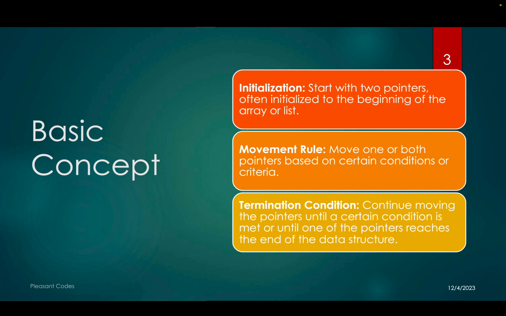We have to know the exact conditions at which point we have to exit, like until either one of these pointers is exhausted, or they reach each other, or we find the solution. There are certain conditions that depend on the problem statement. If the criteria for the condition is met, we have to exit. So that's the basic concept.